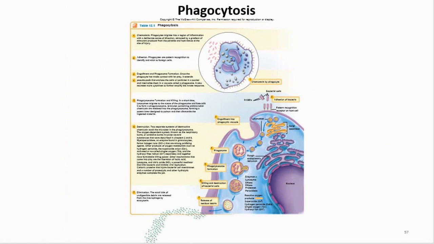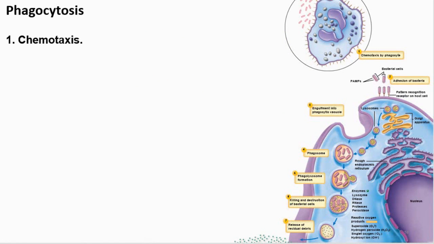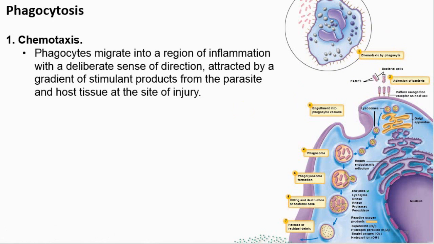So let's break this table apart in your book and go over all of those steps that we had mentioned earlier. Okay, so chemotaxis. Chemo means chemical, that's this right here. Taxi means move, right? So this is the actual movement based on the phagocyte sensing chemicals that are being released because of inflammation.